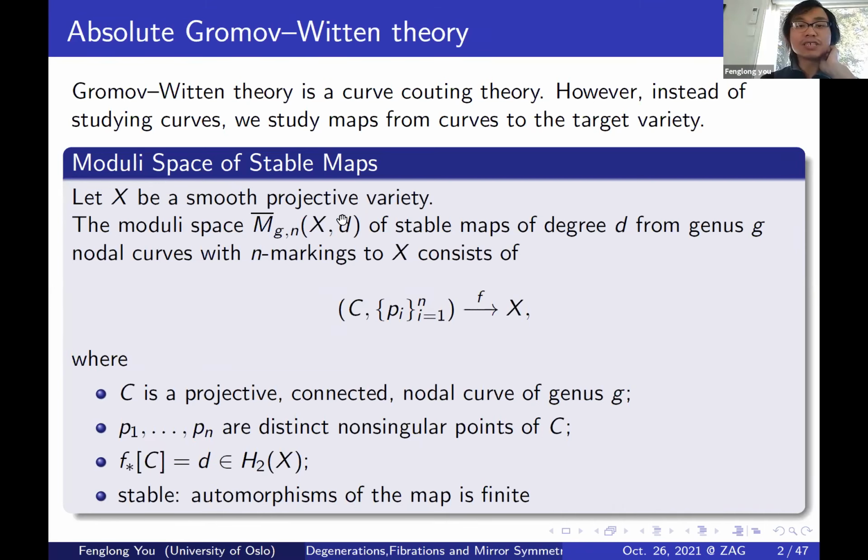The degree D here means the pushforward of the fundamental class of the curve. Stable means the automorphism group of the map is finite.